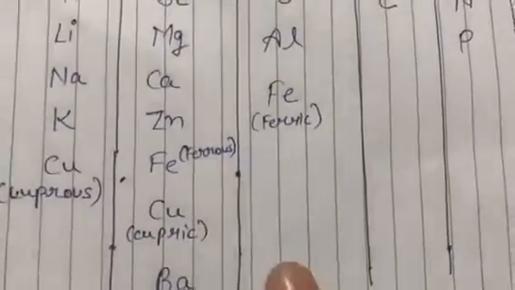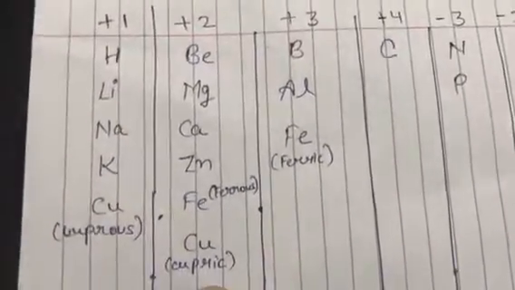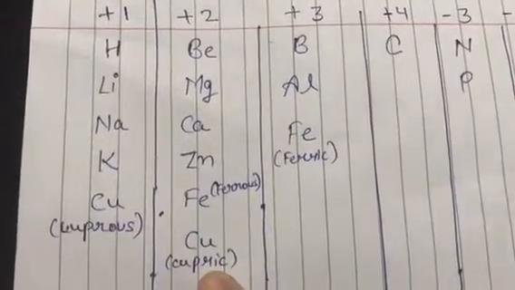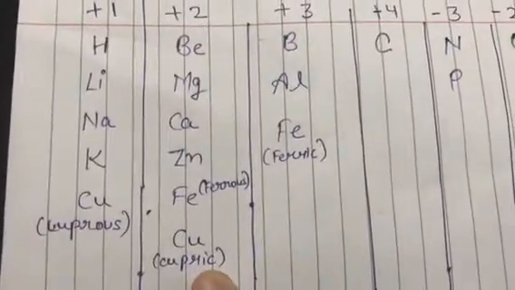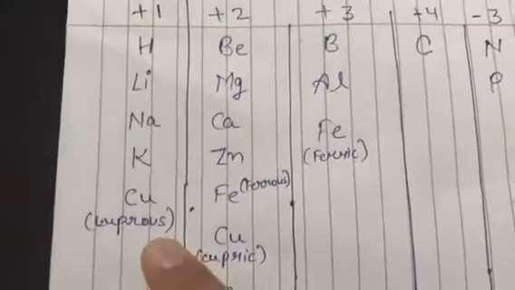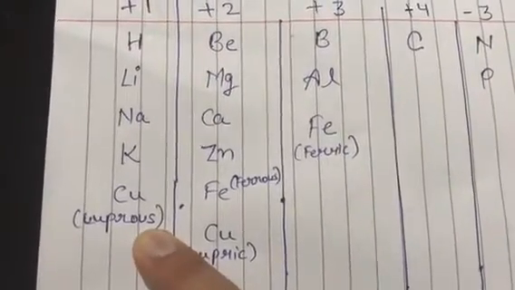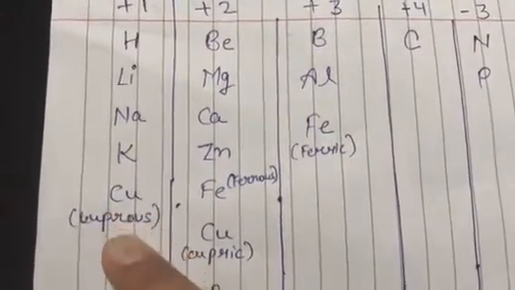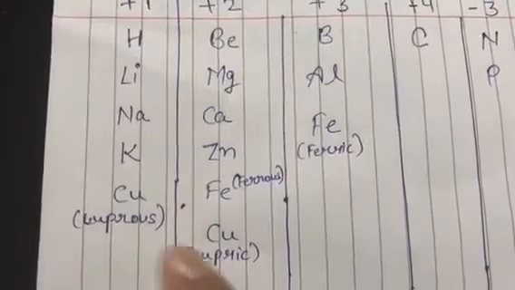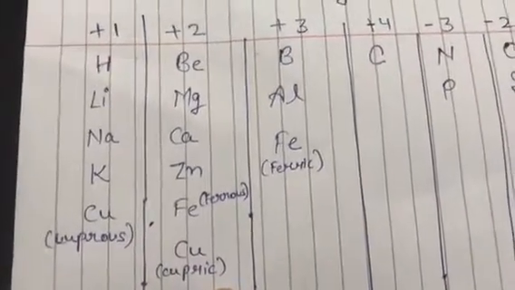To make it easy, for the higher oxidation state the name ends with C, and for the lower oxidation state the name ends with S. So for +1 it is cuprous, and for +2 it is cupric.